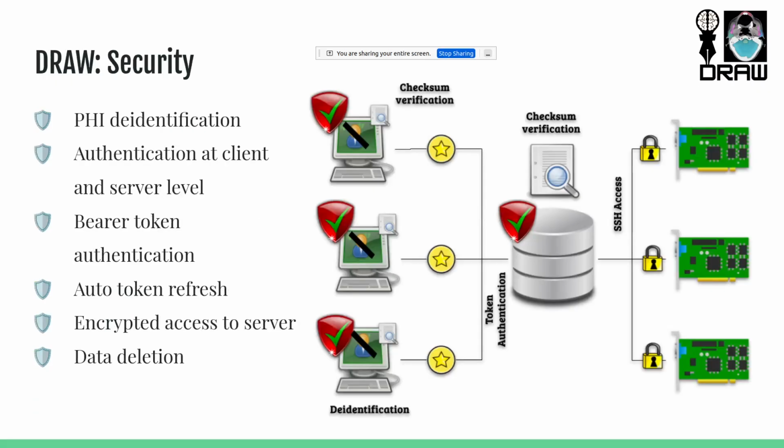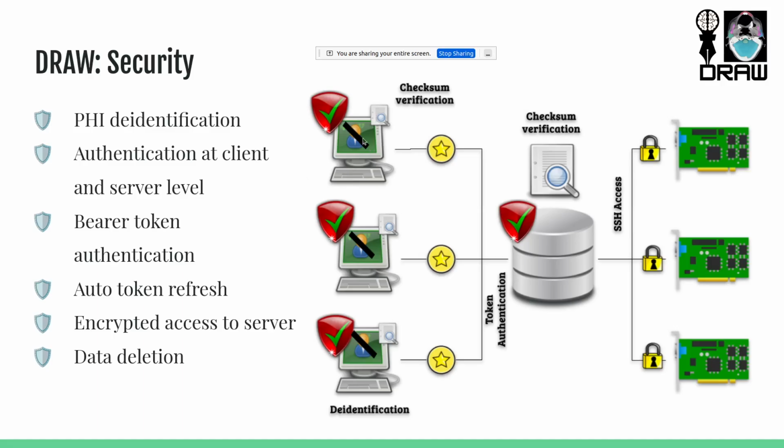What about the security implications? The first and foremost thing that we have integrated is the de-identification of all personal health identifiers. Number two is authentication is done at a client and server level using a bearer token authentication. This bearer token automatically expires at a preset date of 30 days, following which the client refreshes this bearer token using a refresh token.